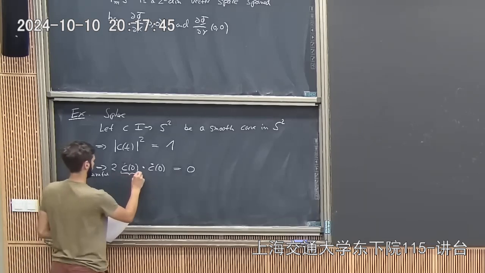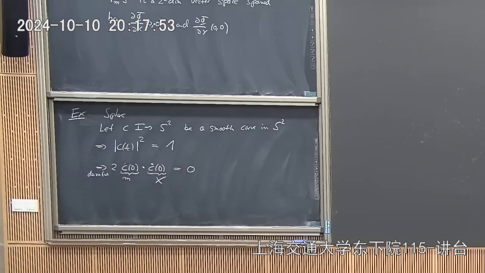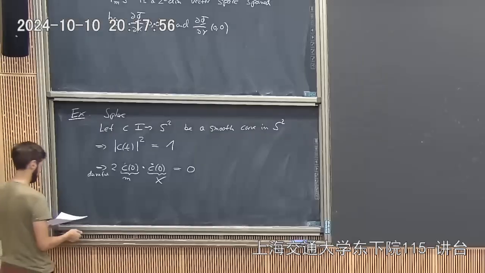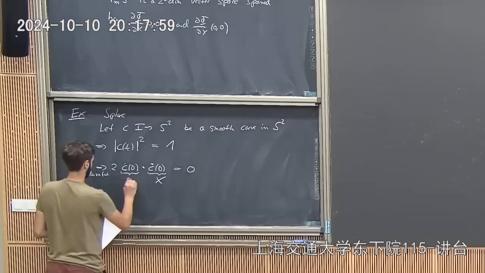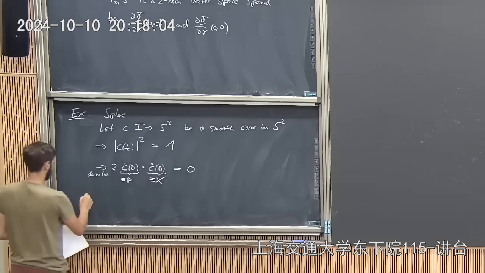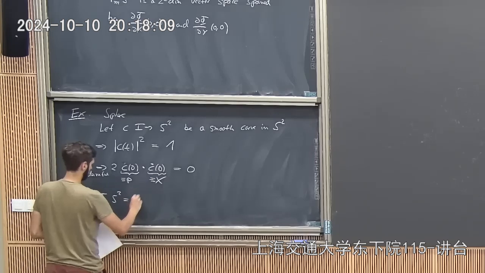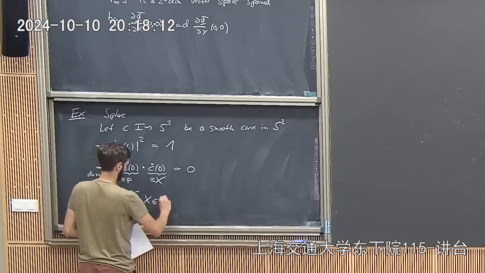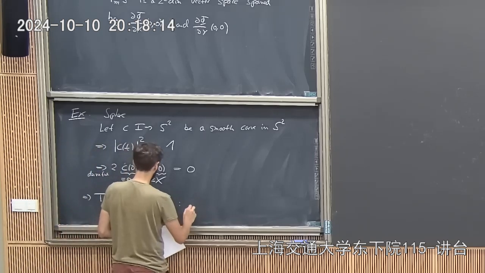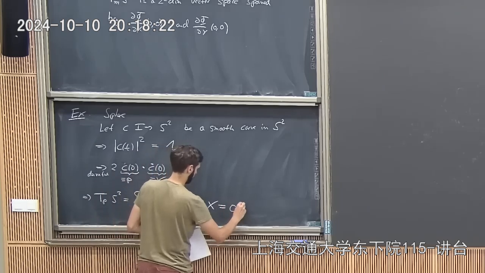But this one is just the point on the sphere, and this one is the vector at the sphere. Let's call the point p. So it follows that the tangent space at some point on the sphere is all the vectors x in R^3 for which the inner product of p and x equals 0.